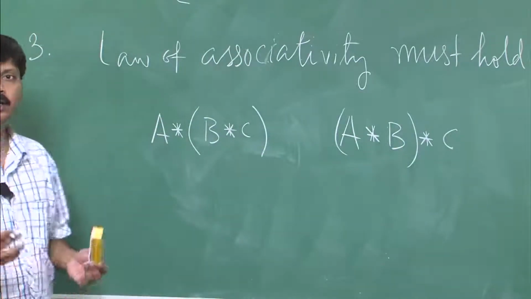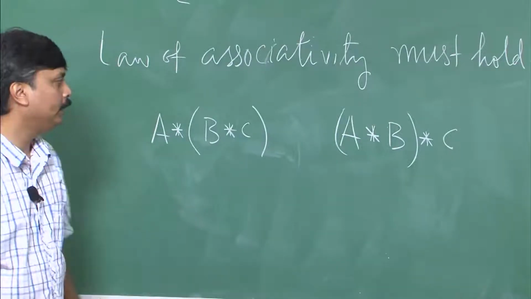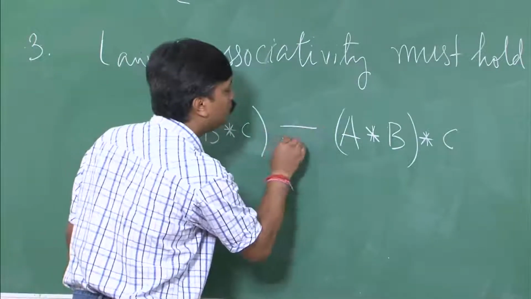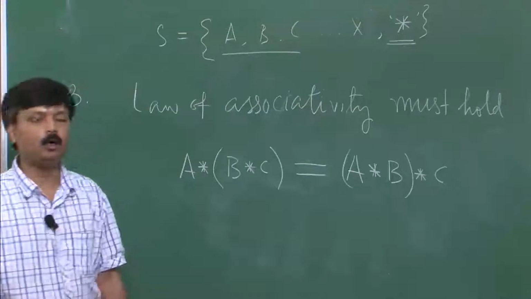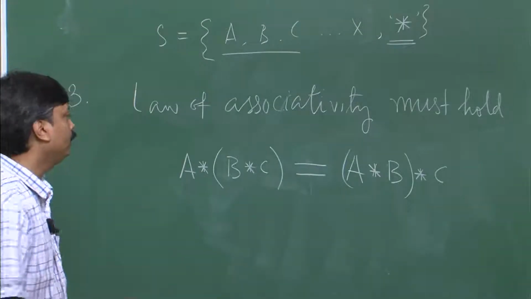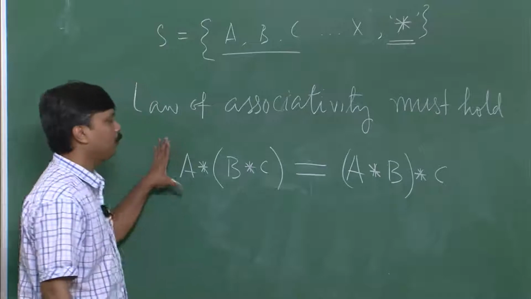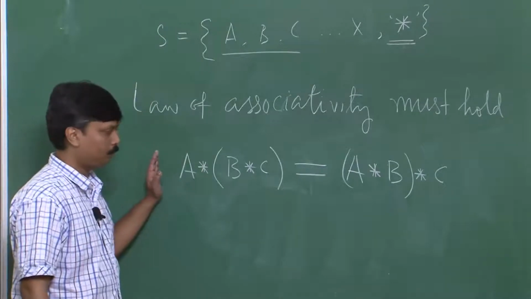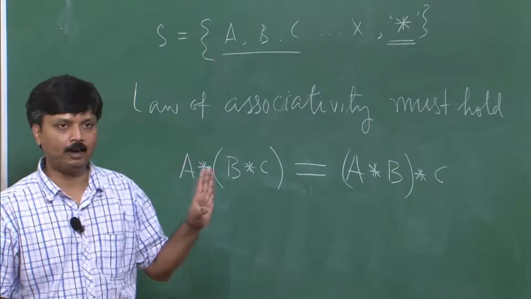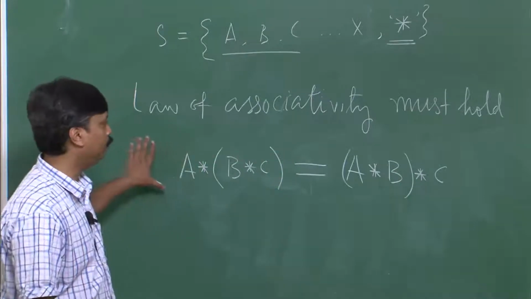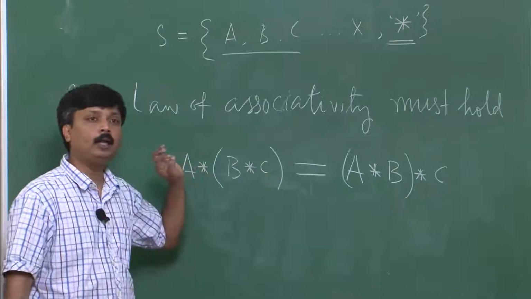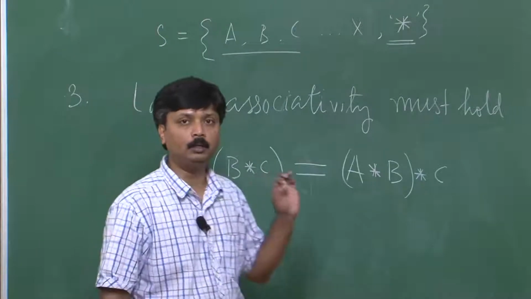Now if the associativity holds, then these two should be equal. This is law of associativity, and in order to form a group, the set must satisfy this law of associativity for any element belonging to this particular set.